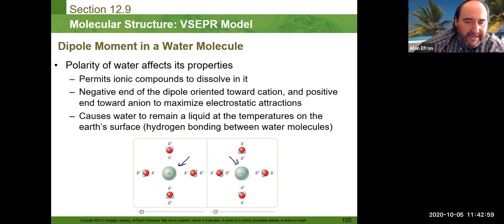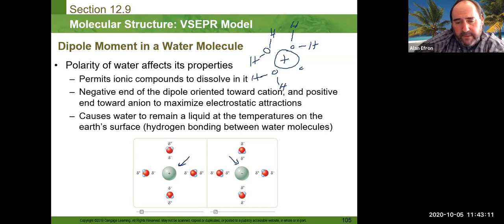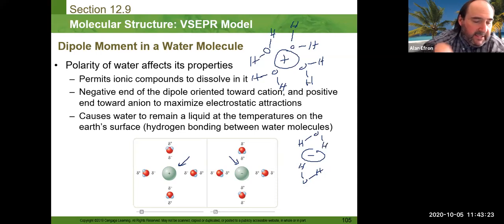Because there's a negative side to water, the oxygen side of water will surround the positive ions and help something like sodium chloride dissolve in water. Water works well with a negative ion as well: the positive side of water, the hydrogens, will surround it. What that essentially does is allow something like sodium chloride to dissolve.